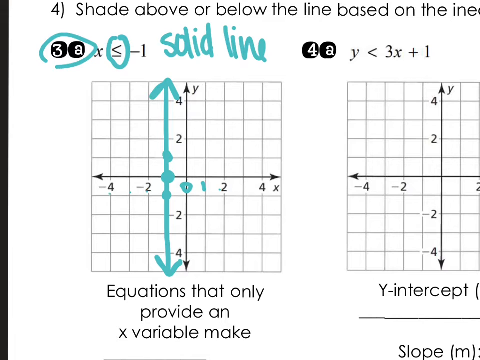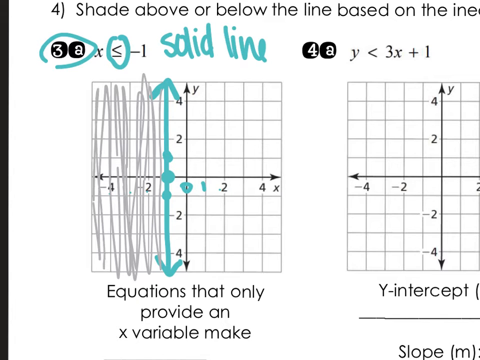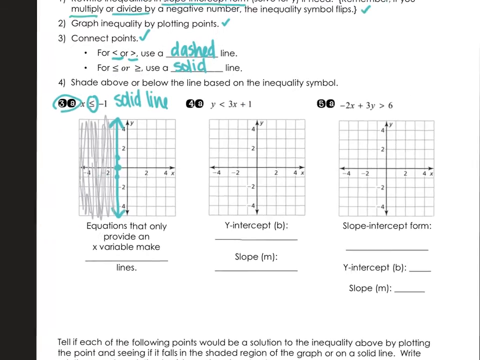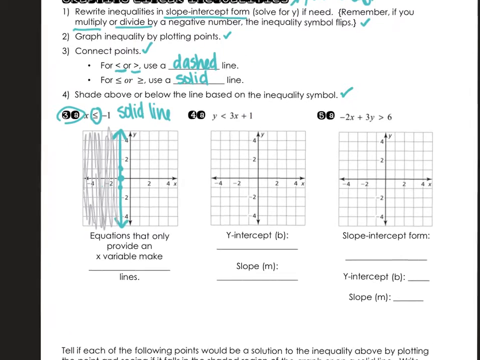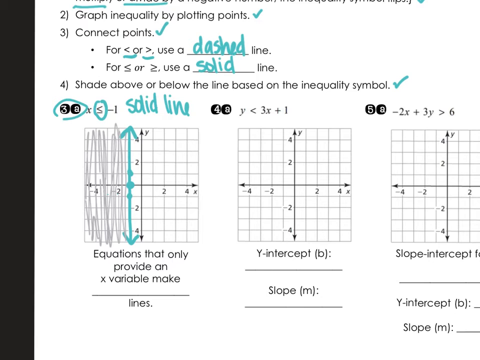This way to the left are negatives though, so that would work. I want to shade to the left on this one. So you just shade your whole graph to the left, because that shows us it includes all of those numbers as well, not just the one. Okay, so we did step 4. Okay, so equations that only provide an x variable make vertical lines.